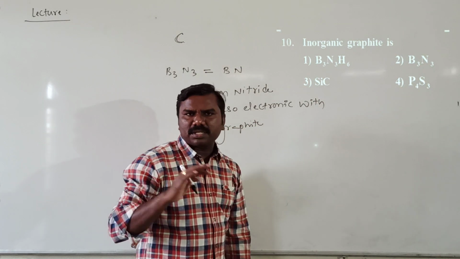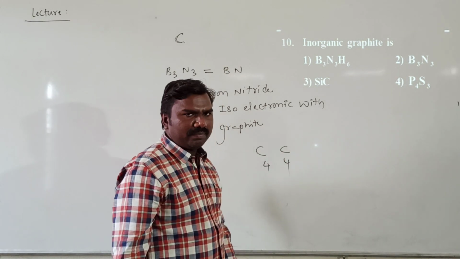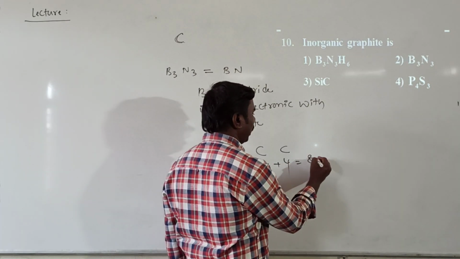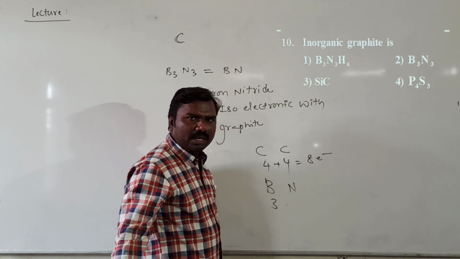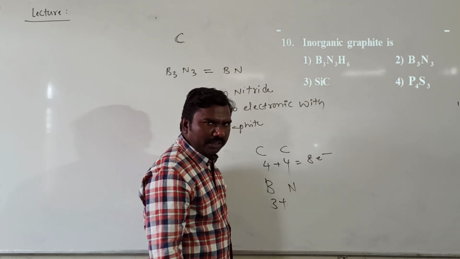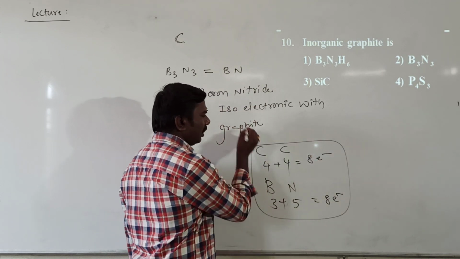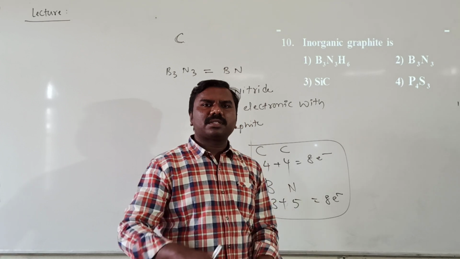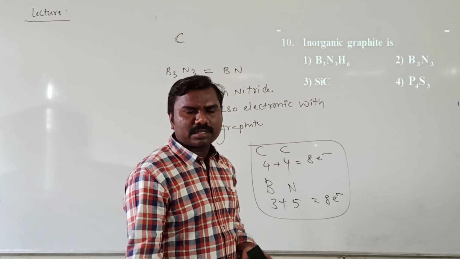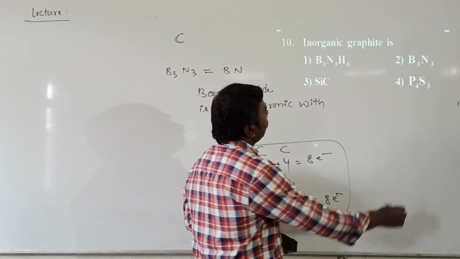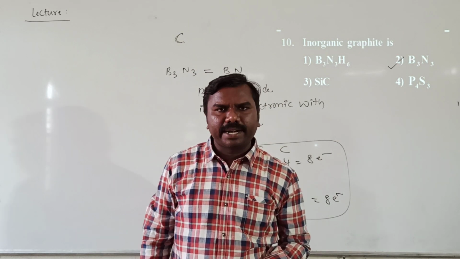In graphite, there are carbons, 4 valence electrons in each carbon, so 8 electrons for two carbons. In boron nitride, boron is a 13th group element with 3 valence electrons and nitrogen is a 15th group element with 5 valence electrons, totally 8. It means both are isoelectronic. Isoelectronic means the structure is also similar, isostructural, and the shape is also the same. That's why inorganic graphite structure is similar to that of boron nitride.